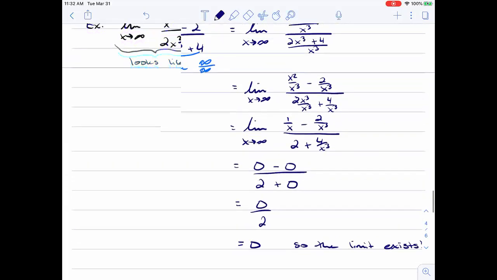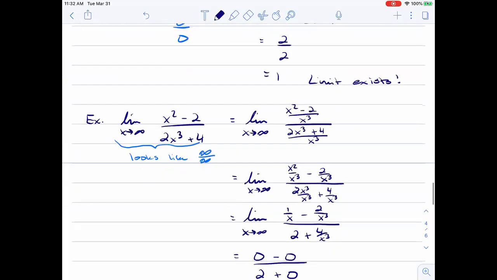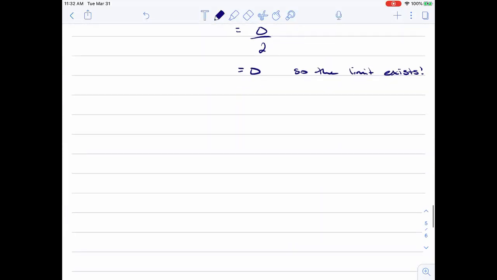So what we're going to say, right, is we've seen 0 over 0 and infinity over infinity. These are called indeterminate forms.